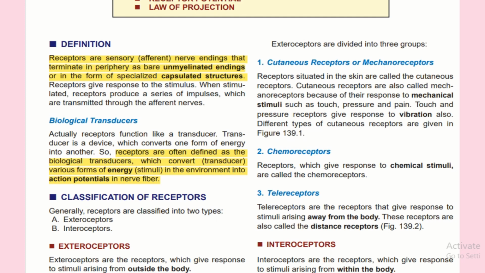Cutaneous receptors, another name for cutaneous receptors is mechanoreceptors. Receptors situated in the skin are called cutaneous receptors. These receptors are also called mechanoreceptors because of their response to the mechanical stimuli such as touch, pressure, and pain. Touch and pressure receptors give response to vibration also.